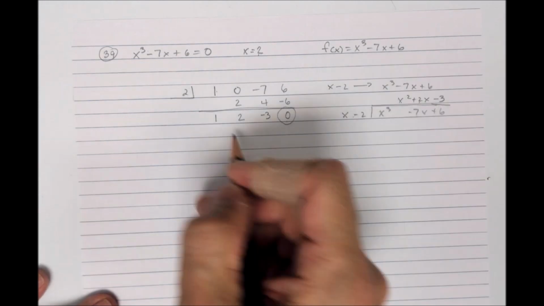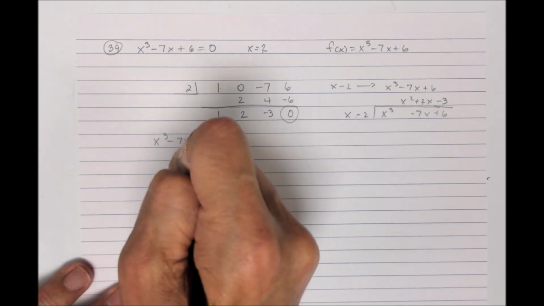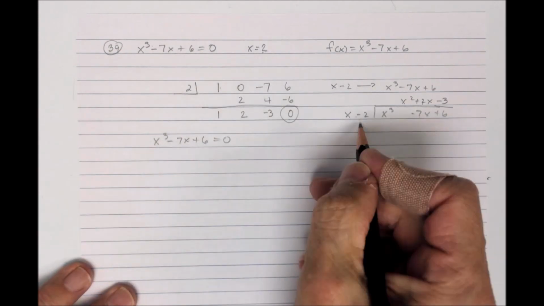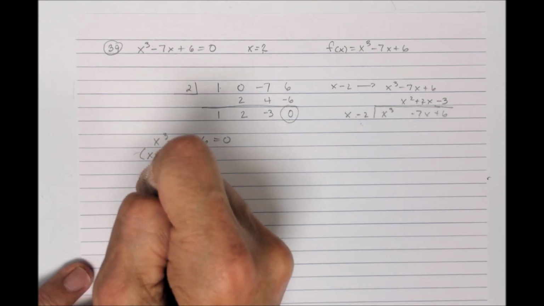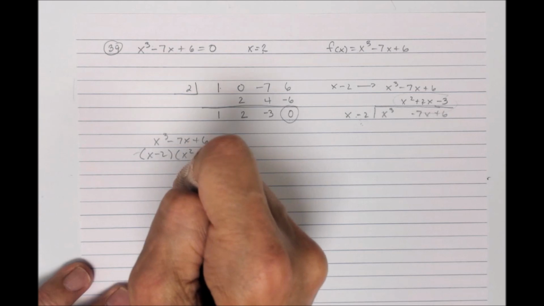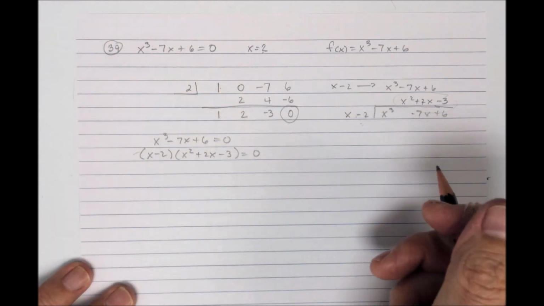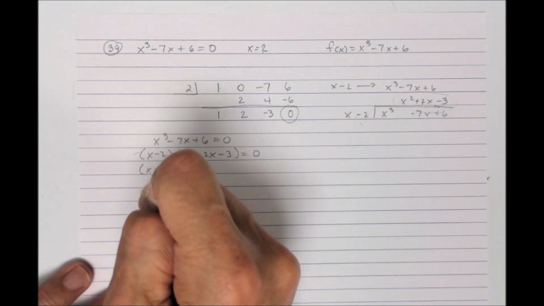So what that means is, let's go back to the problem, x to the third minus 7x plus 6 equals 0. That's x minus 2 times all of this, x squared plus 2x minus 3 equals 0. And you're done unless it factors further, and it does.